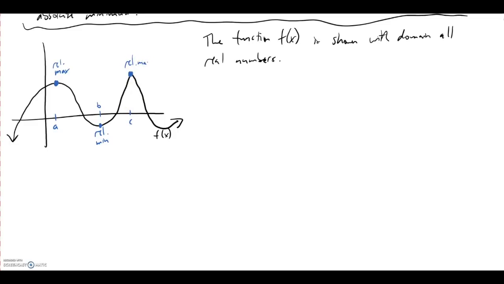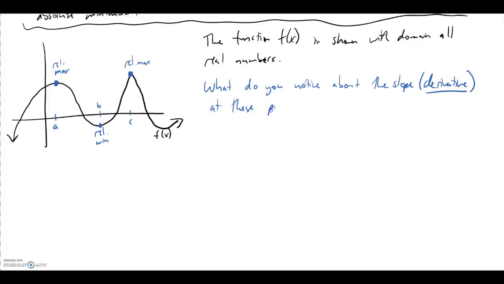Well, the question to get us to our last big concept for this video is, what do you notice about the slope? Or think of the derivative at points A, B, and C, at these points where we had relative extrema. Well, notice at A, f prime of A would have to be 0.